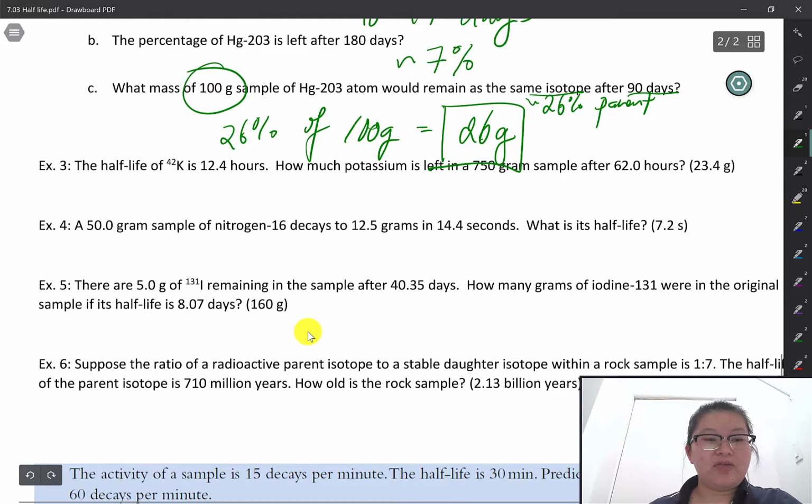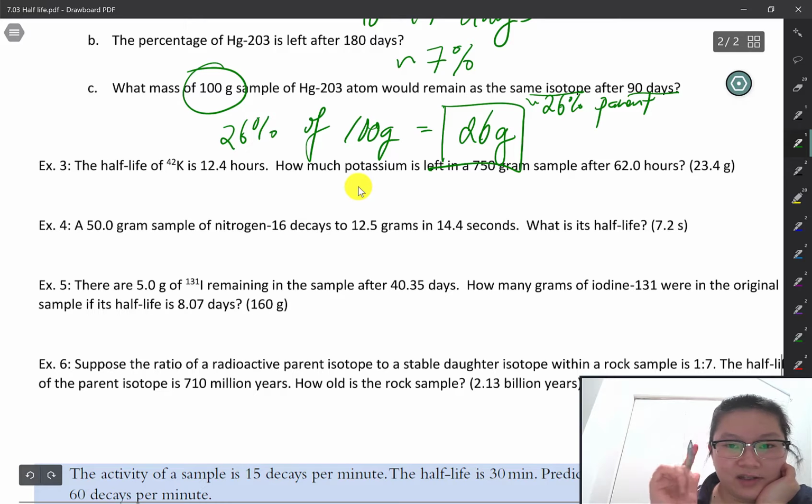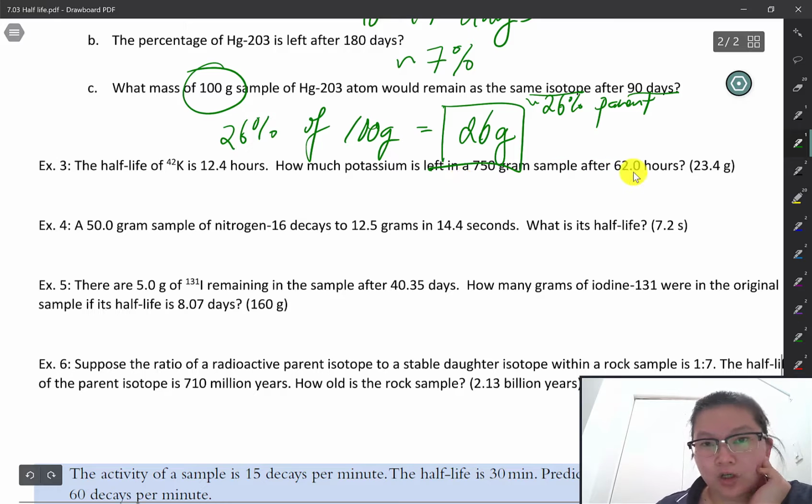Example 3. The half-life of potassium-42 is 12.4 hours. How much potassium is left in a 750 gram sample after 62 hours? We know that after one half-life, the amount of the parent is going to halve, so we need to know how many half-lives have occurred.